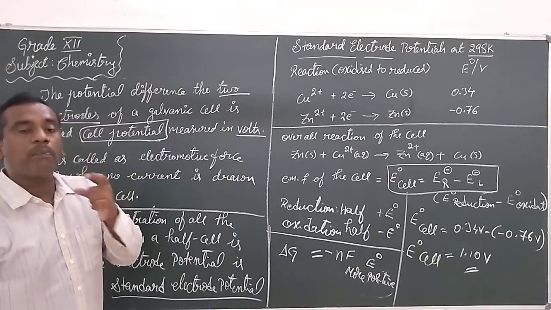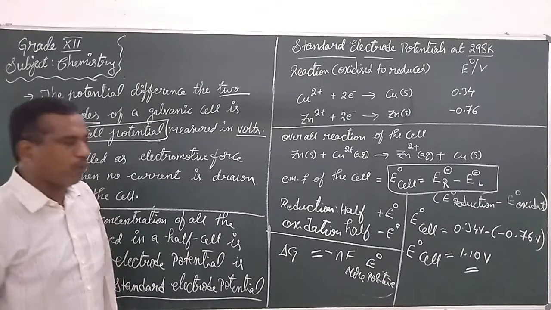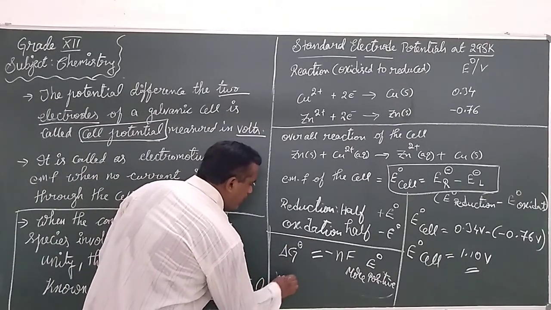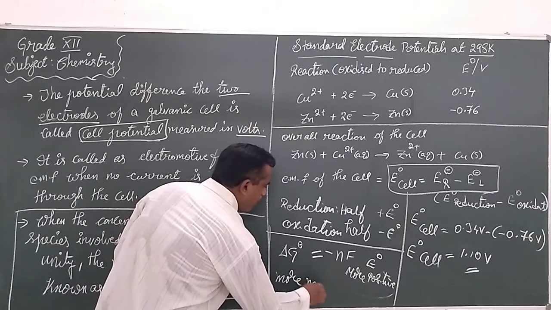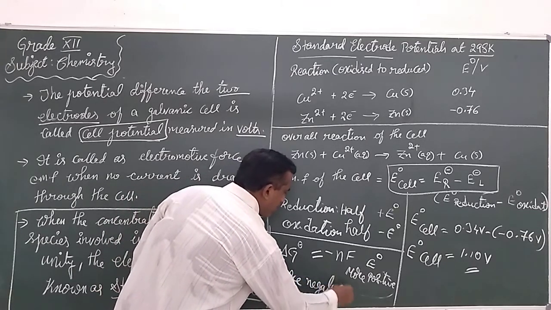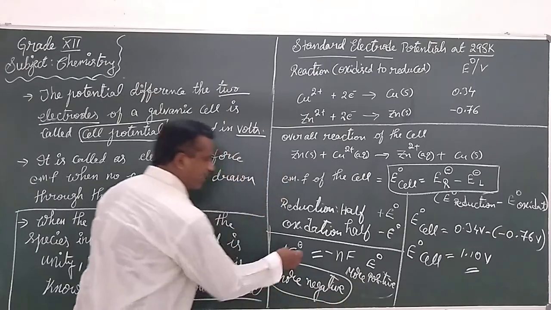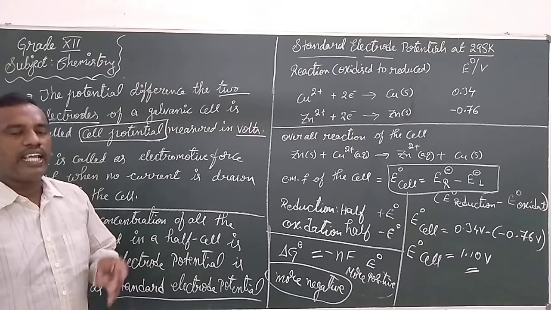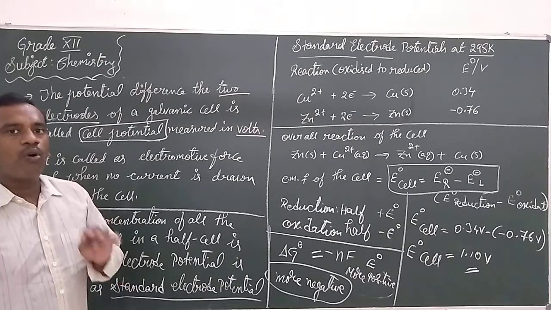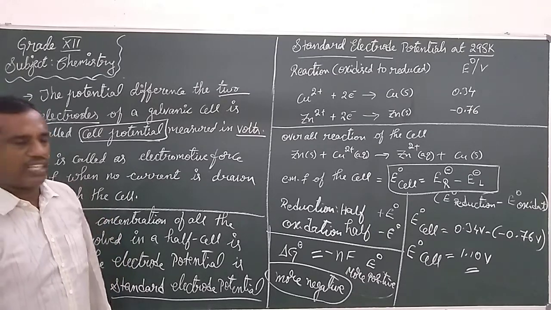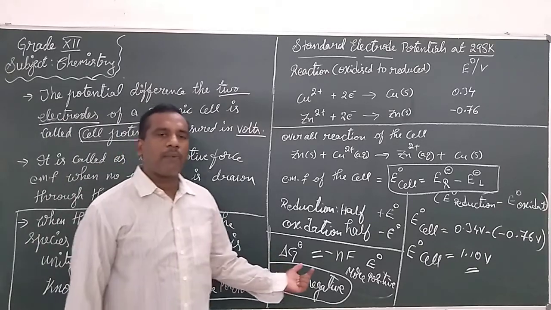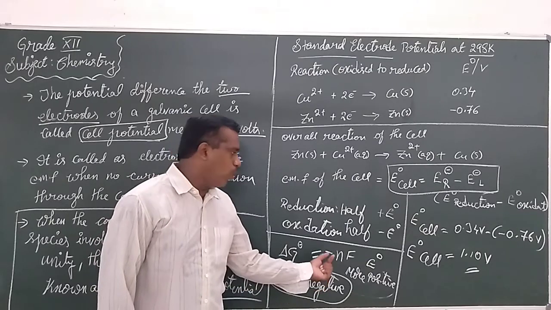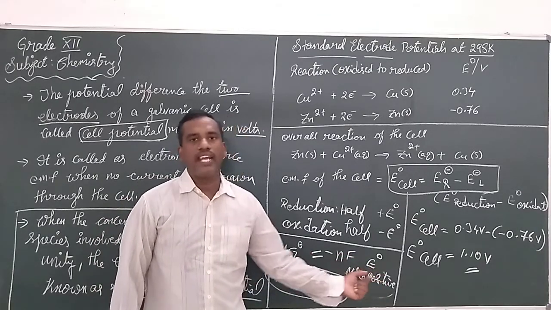When the cell potential is getting more positive, the Gibbs free energy becomes more negative. When it is getting more negative, we can say it is a more spontaneous reaction. For this, we are applying this formula to our metallurgy. Delta G naught equals minus nFE naught.